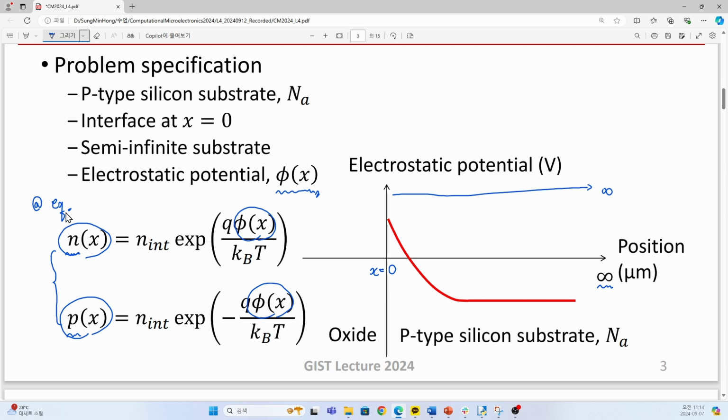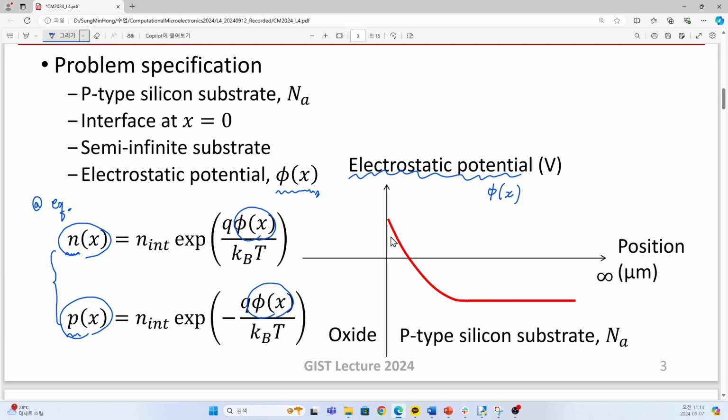So please accept these expressions for a while, and we believe that the electrostatic potential is a function of position, and we have a well-defined behavior of our electrostatic potential. That is our assumption.